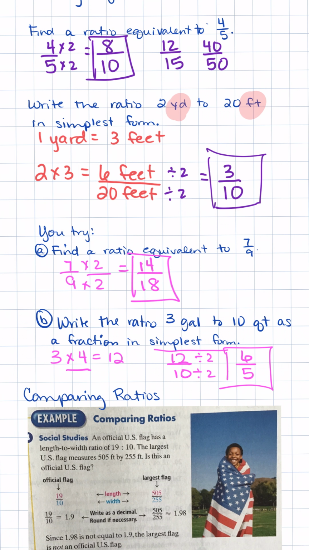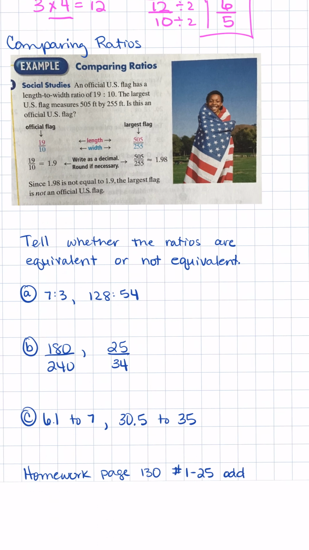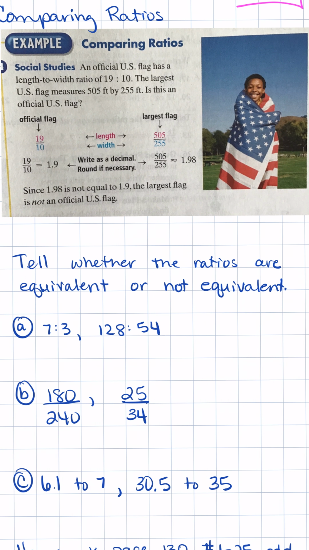Okay, so now let's look at comparing ratios. An official U.S. flag has the length ratio 19 to 10. The largest U.S. flag measures 505 feet by 255 feet. Is this an official flag?